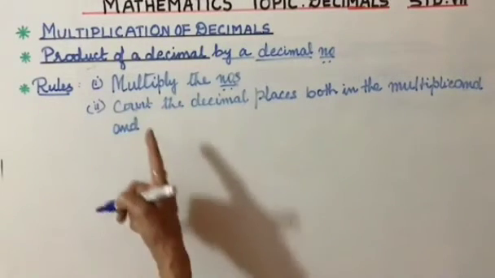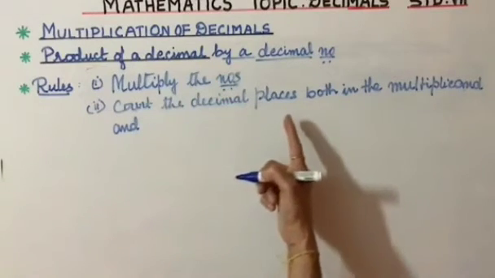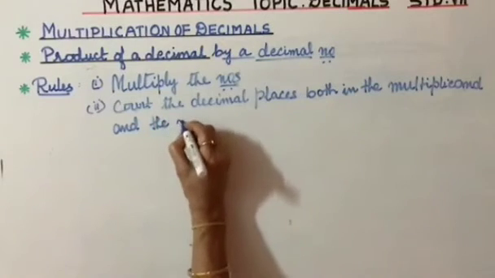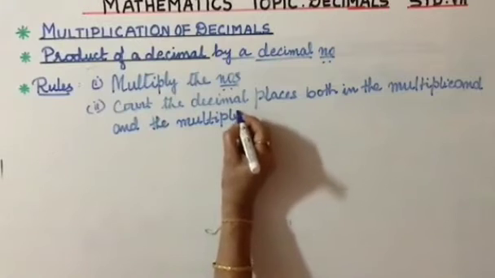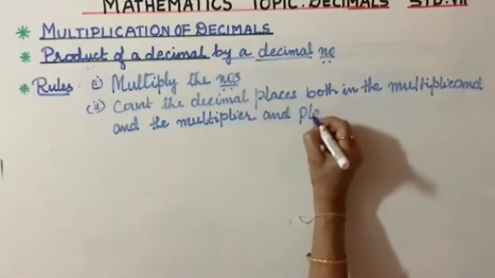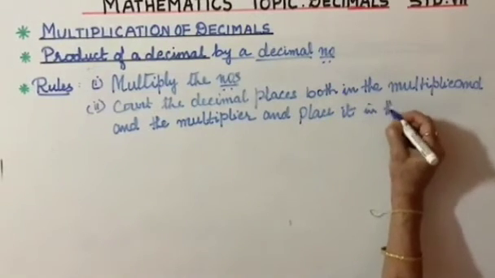You will multiply the numbers as if you are doing whole numbers. Count the decimal places both in the multiplicand and the multiplier, and place it in the product. Children, this is the rule.